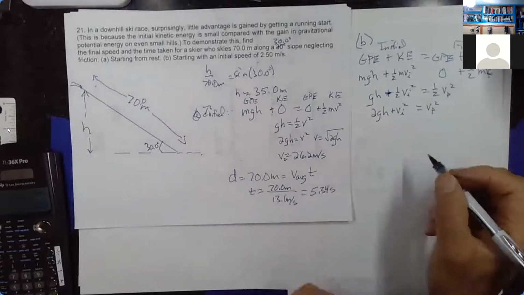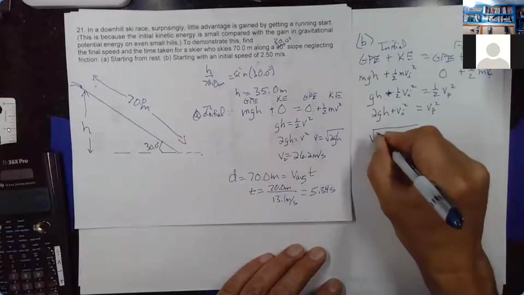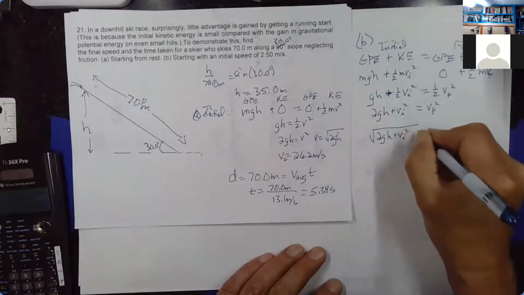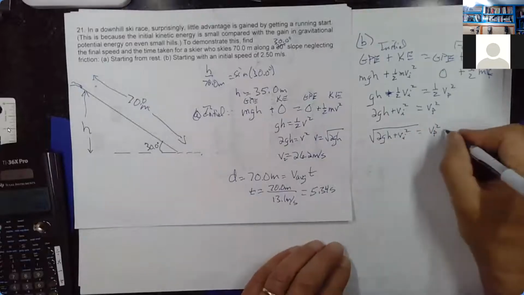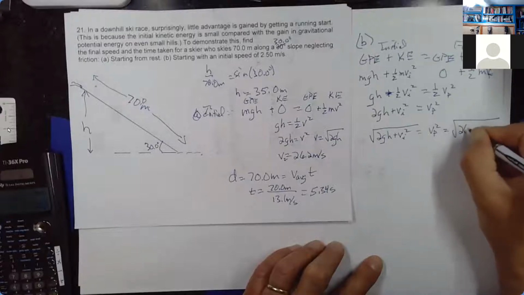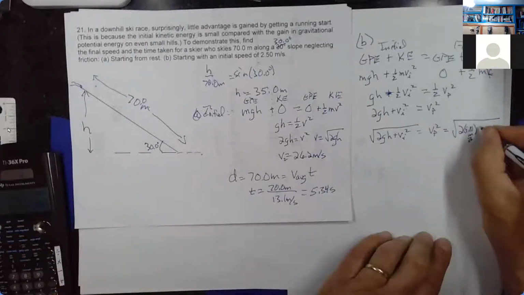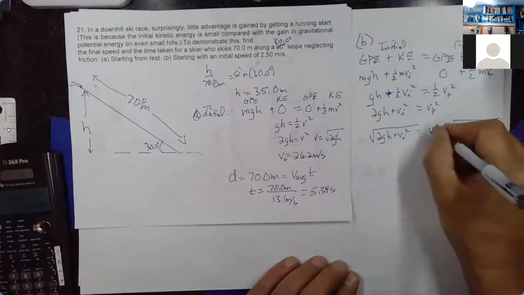Or I take the square root of both sides, and v final is going to equal the square root of 2 times 9.81 meters per second squared times h, which was 35.0 meters, plus v initial squared. I'm running out of room. I'll do this.